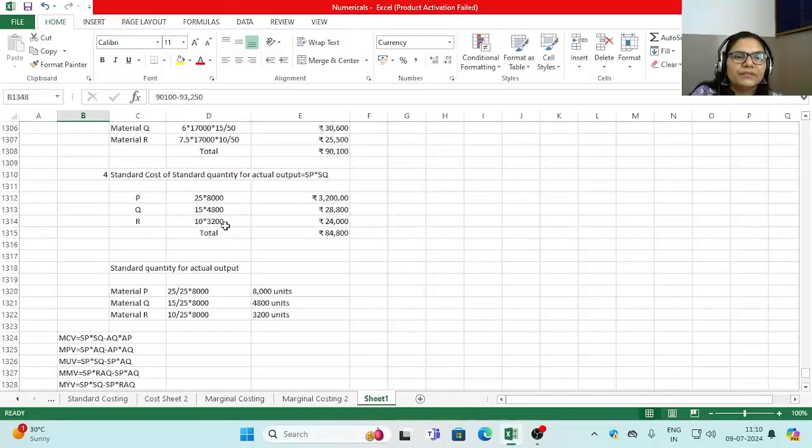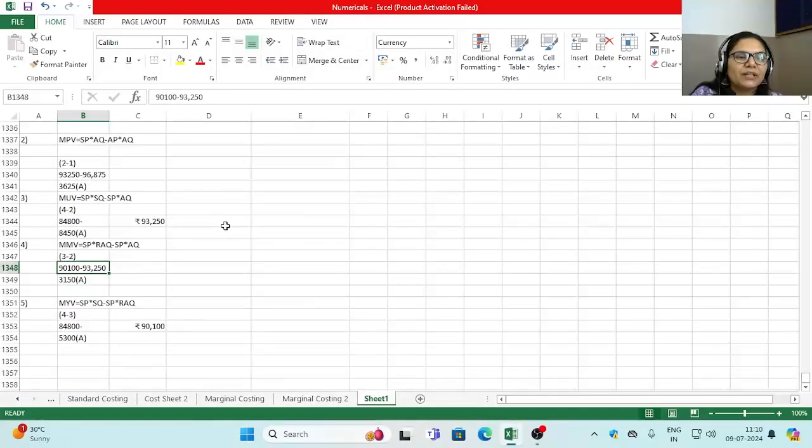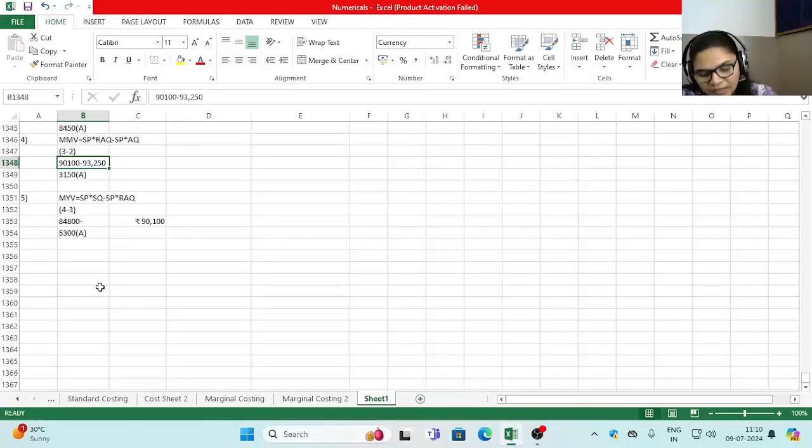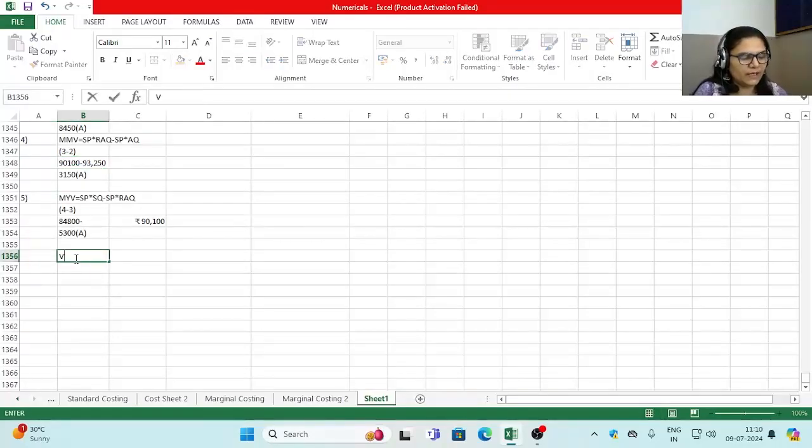So we will calculate it and input this value in the formula. Similarly, material yield variance is 4 minus 3, which will again be an adverse value. So all the variances are coming out adverse. Now, you can actually verify this. You can do a verification also.